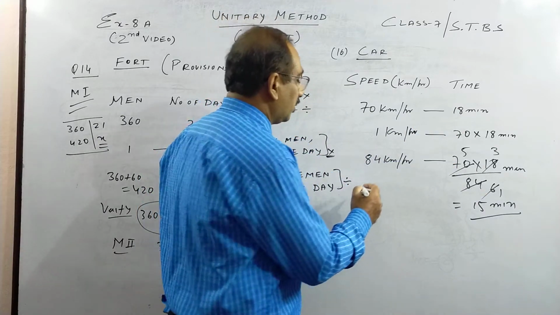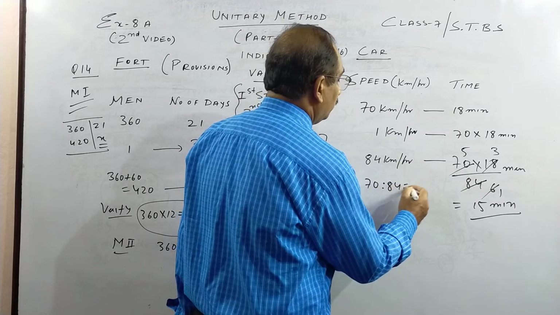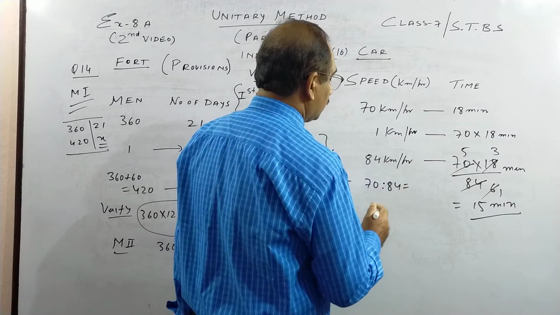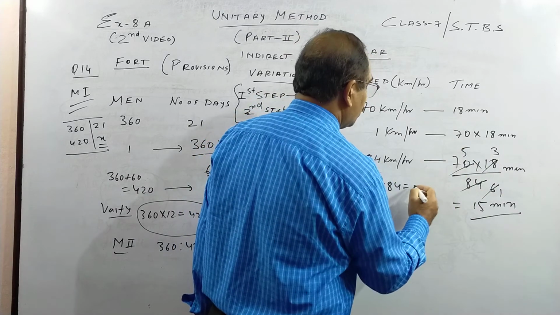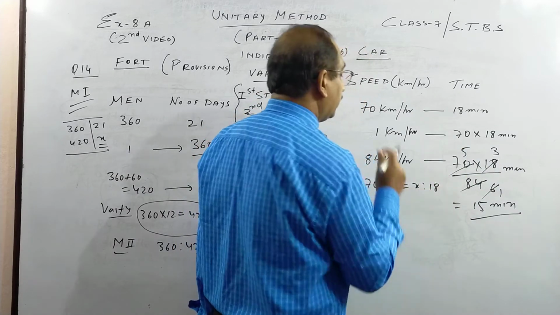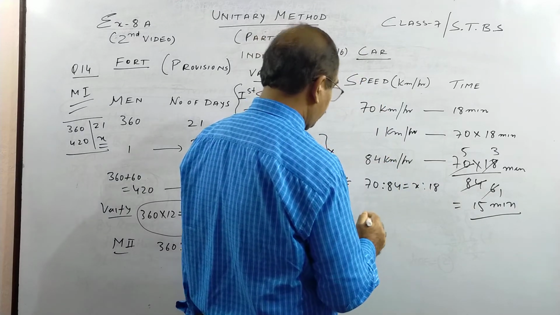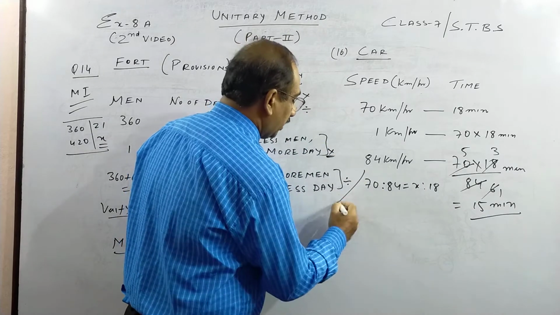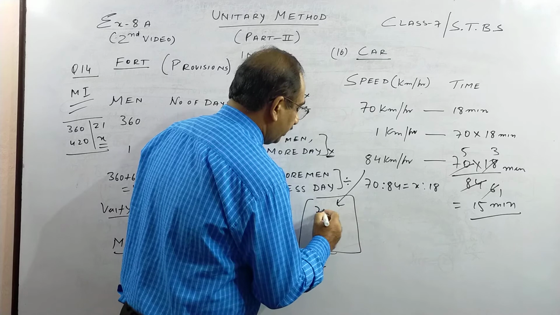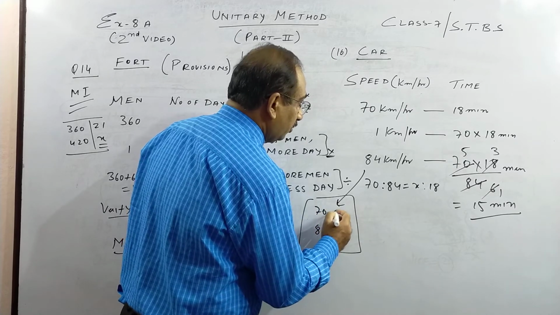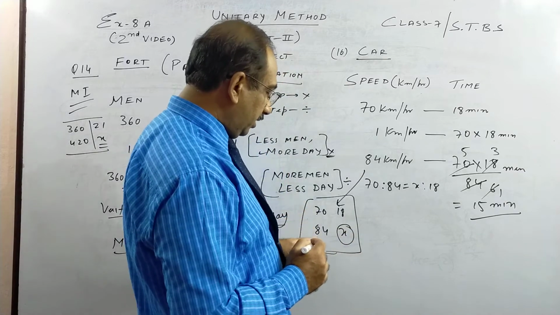And the second method, what I told you: 70 is to 84, is x is to 18. Once more, I am writing: 70, this is speed, 84, and this is time. Let this time be x. So 70 is to 84.